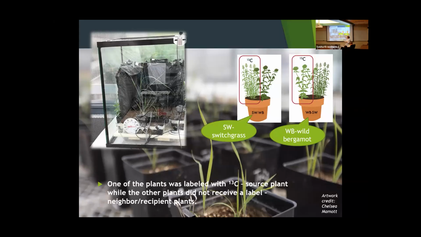And we looked at different combinations, like here switchgrass grown together with wild bergamot. In one of the pots, switchgrass would be open and getting 13C. In other pots, wild bergamot would be the open one, getting the 13C.